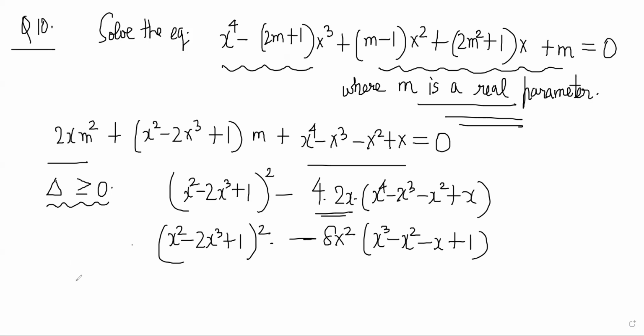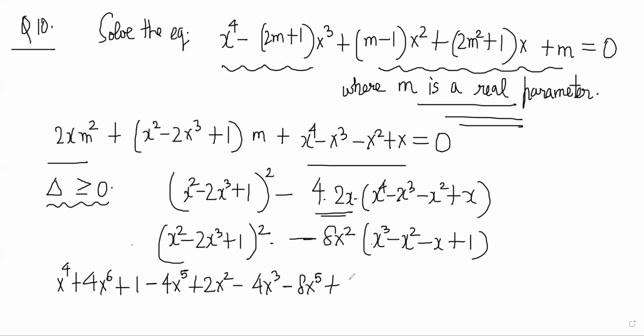Let's see what comes here. You get x power 4 plus 4x power 6 plus 1 minus 4x power 5 plus 2x squared minus 4x cubed minus 8x power 5 plus 8x power 4 plus 8x cubed minus 8x squared.